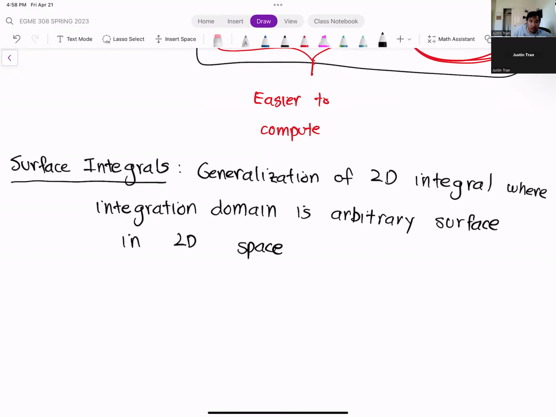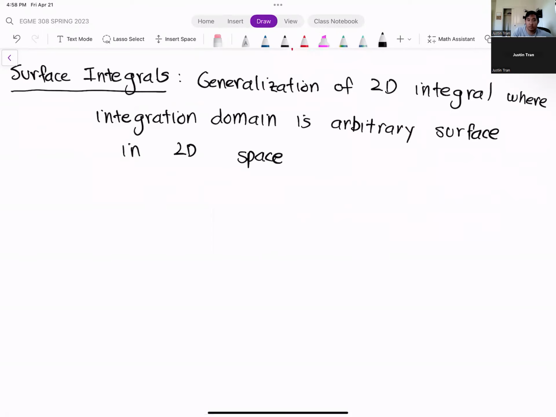All right, and so the surface can come out of the plane, of course. It can be a closed surface, just like the line integral. So there's a lot to this.